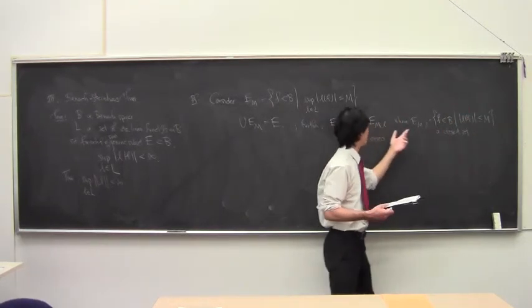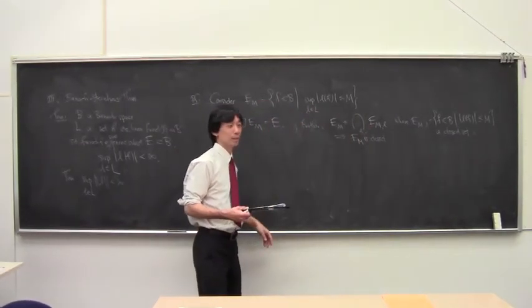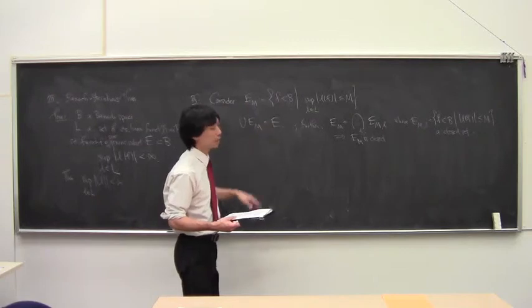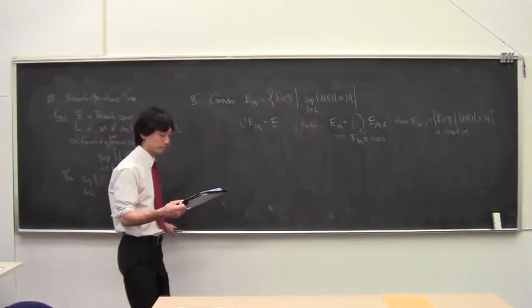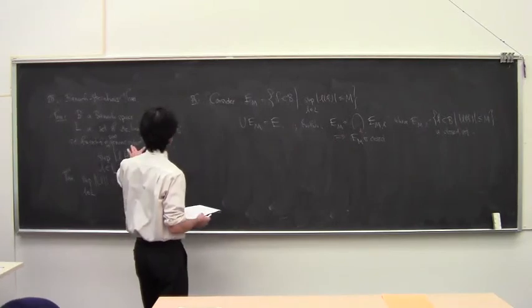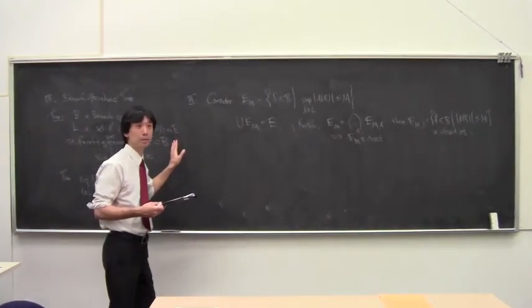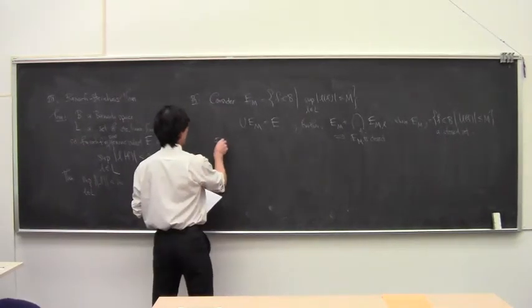You take the intersection of all those guys, and you get this E sub n. Right? So each of the E sub n's is closed. Okay.